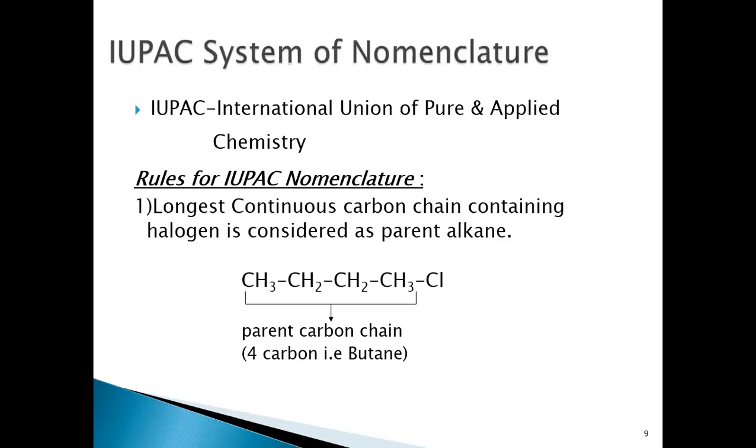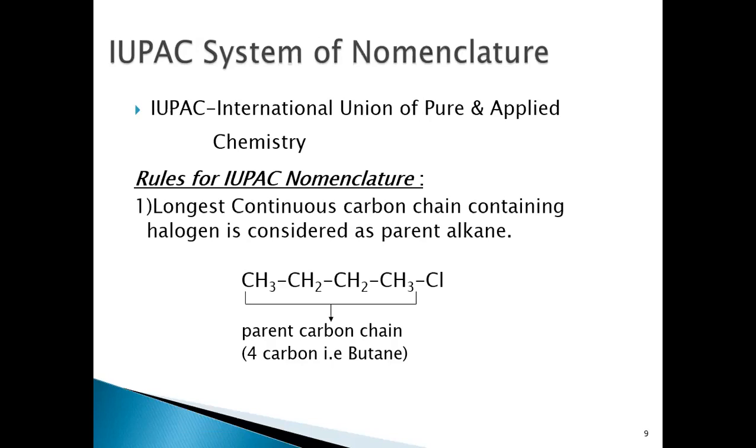Now the IUPAC system of nomenclature. The full form of IUPAC is International Union of Pure and Applied Chemistry. It has some rules for nomenclature. First rule: we have to find the longest continuous carbon chain containing the halogen.